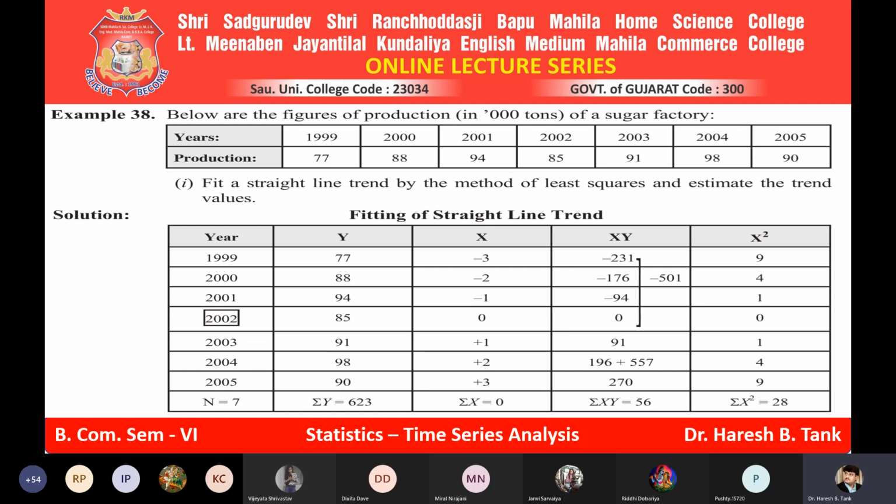There are 7. Since 7 is an odd number, you will have one full year as the middle year, which is 2002. So you have to take a deviation from 2002, which is exactly the middle, so it is easy to get summation of x as 0. Fine enough. Go ahead.